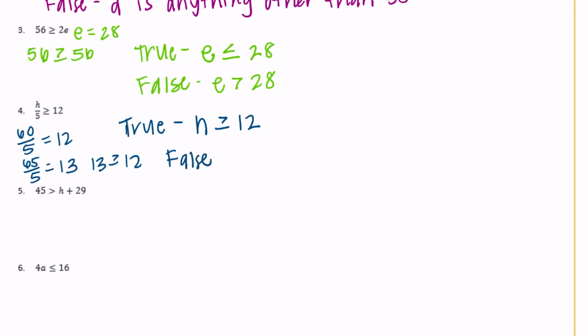To make it false, h just needs to be less than 60. Or sorry, not 12. 12 is what we were working with. 60. Or we just replace these with 60.